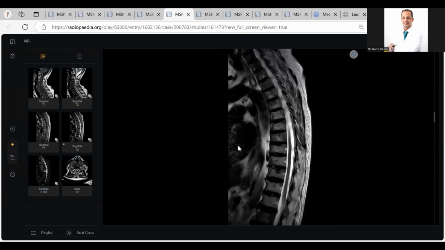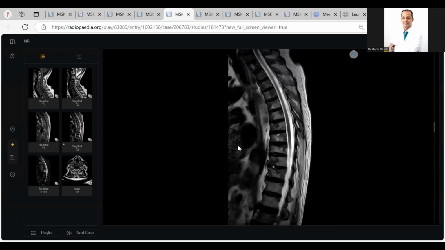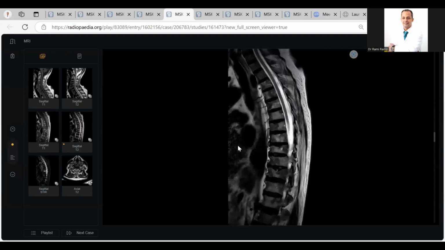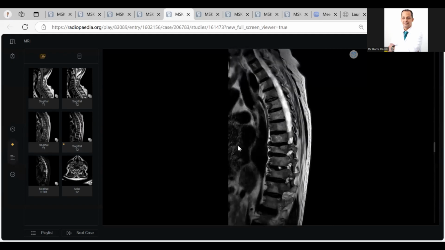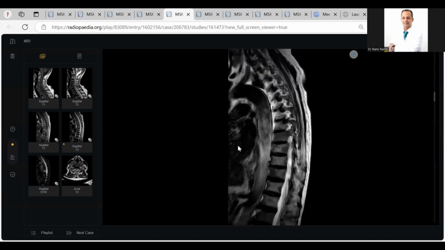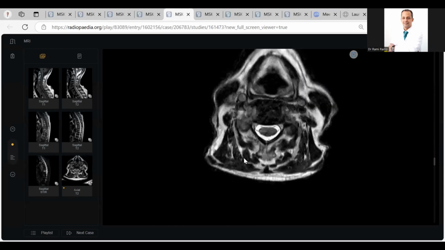I think I cannot appreciate any intraspinal extension in the sagittal. In which sequence is it better to look for intraspinal extension? Axial would be better. This is the axial.